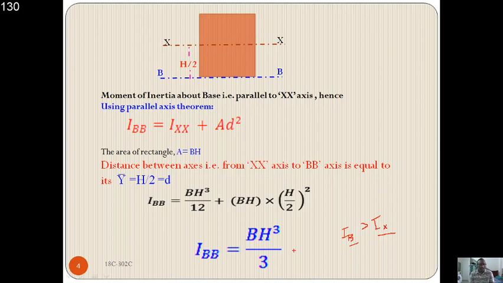This is asked several times in the exam, hence you should remember that if the distance d increases, then the moment of inertia obviously increases. So the lowest moment of inertia is about the centroidal axis, and the highest moment of inertia depends upon how far the parallel axis is taken from the centroidal axis.